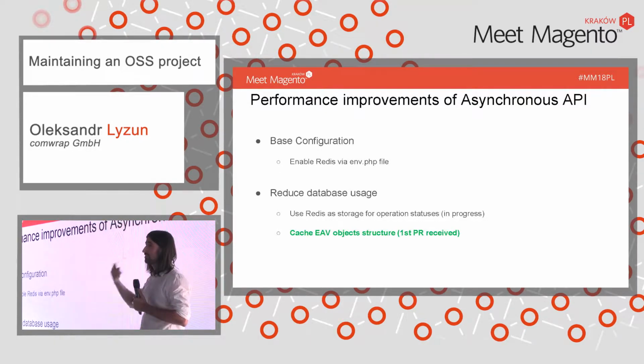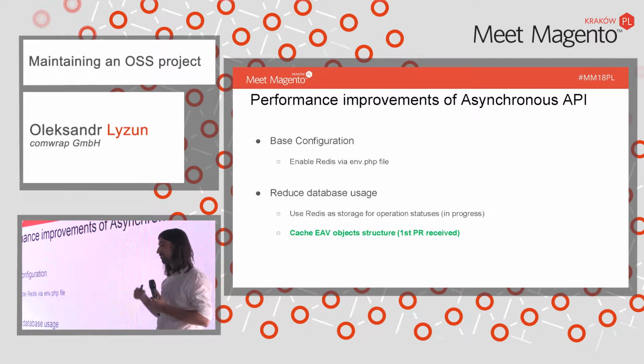So each time you make a new request, it writes the statuses into the Magento database, and then when it is processed, it updates the statuses of the operation, so it's writing again and again, and that's loading the database. Our perfect goal is that when you submit messages to the asynchronous endpoints, you are not using the database at all. So we want to put those operation statuses inside the Redis database. Everything is stored in there, the status is built in, and you get the status there.